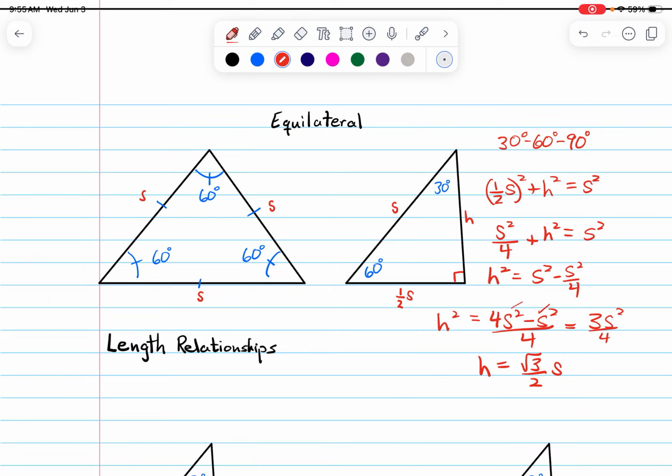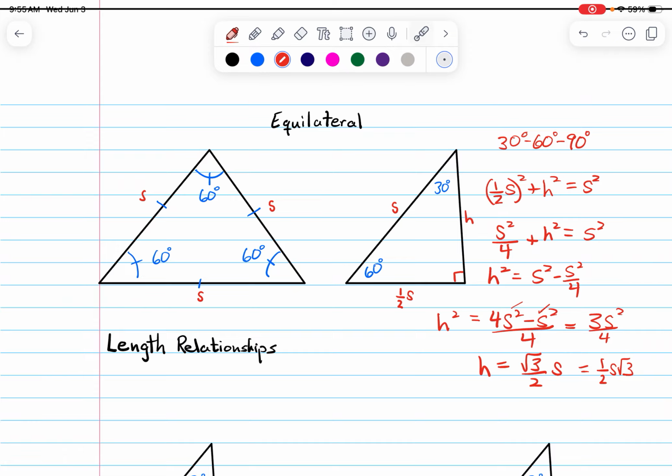So look at that relationship. The side opposite the 60 degree angle is 1/2 the side length times the square root of 3. Now this is very important. This is the type of question you might see pop up on an ACT or something.